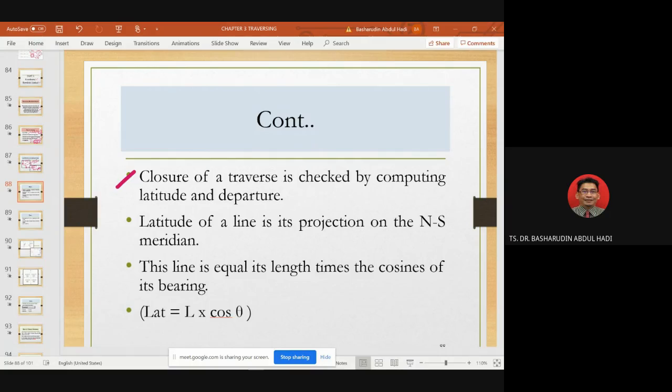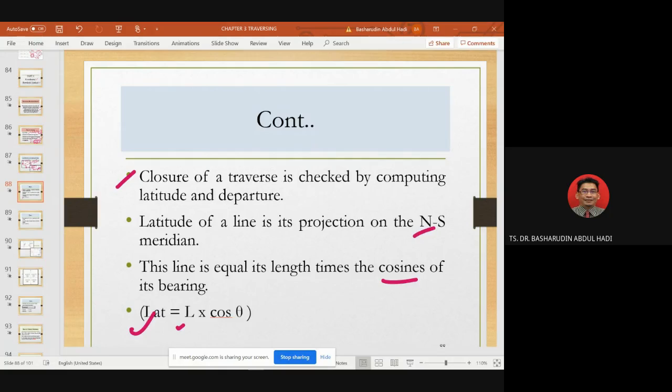Latitude of a line is its projection on the north-south meridian. I already told you this one. And the latitude of a line is equal to its length times the cosine of the bearing. Normally for cosine we write cos. So if you want to calculate latitude, you have L, the horizontal distance, times cos theta.